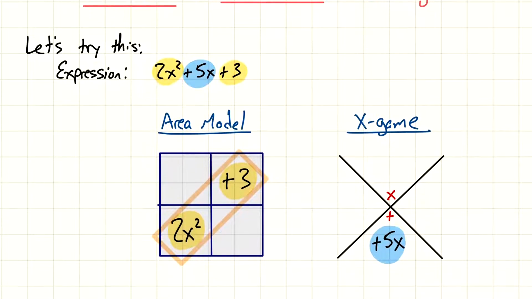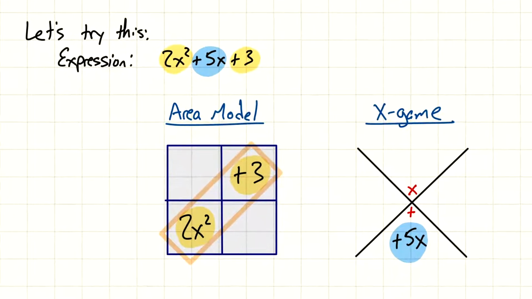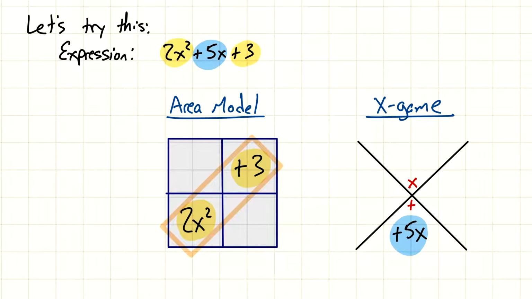All right, so let's try this. Just jump right into it. Here's an expression that we are trying to factor: 2x squared plus 5x plus 3. I've kind of already set it up for us. This is pretty much what I would expect you to do.